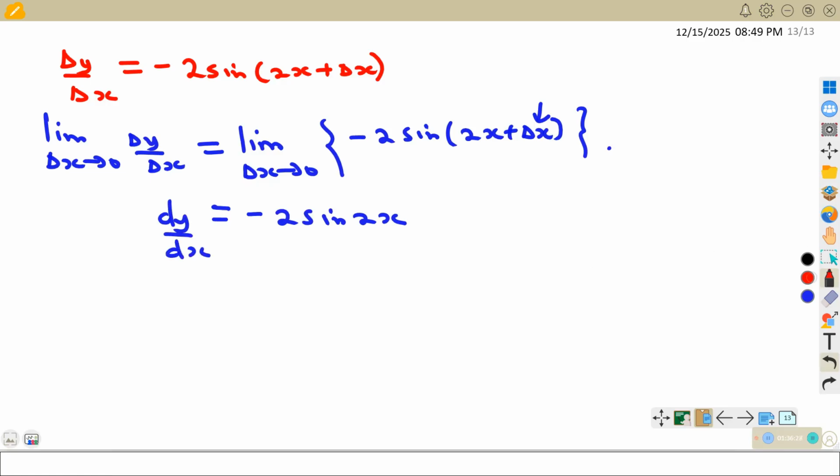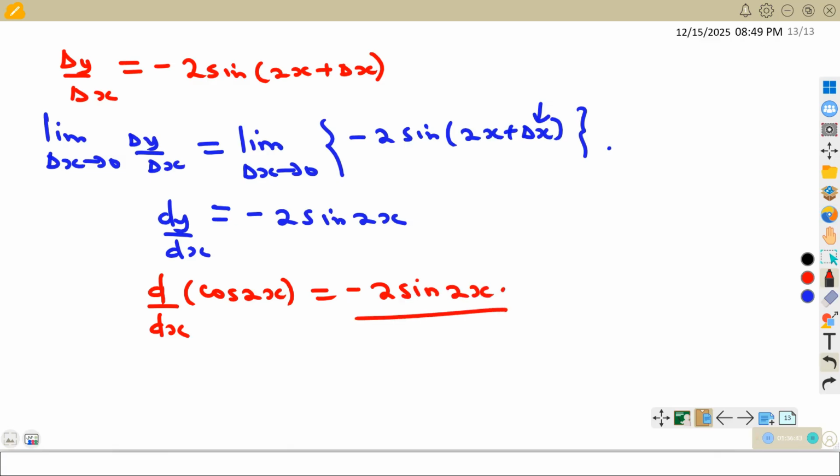So what do we notice here? It means when you differentiate cos of 2x, you will get -2 sine of 2x. Now, this is the trick. If you are differentiating cos 2x, for example, you don't want to go through all this process.